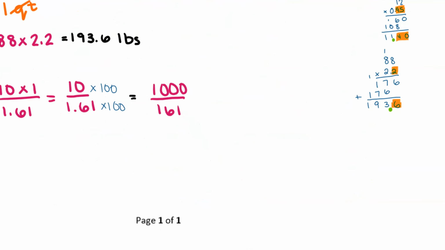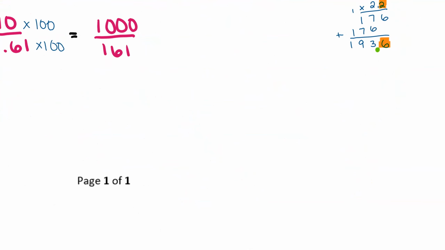So we're going to come over here, and when we do this problem, you'll notice that I like to write some of the multiplication down. So 161 times 1 is 161. Now, to do 161 times 2, you could actually do that math, or you could just add 161. So that would give me 322.